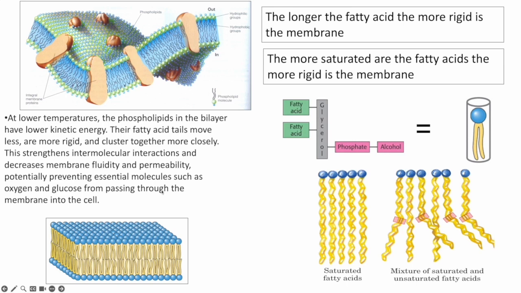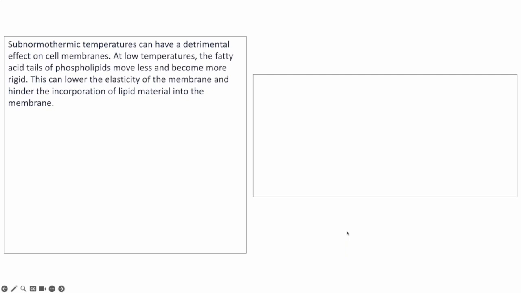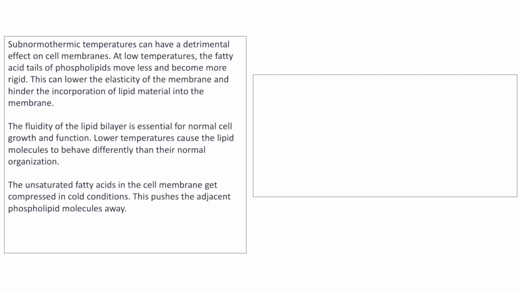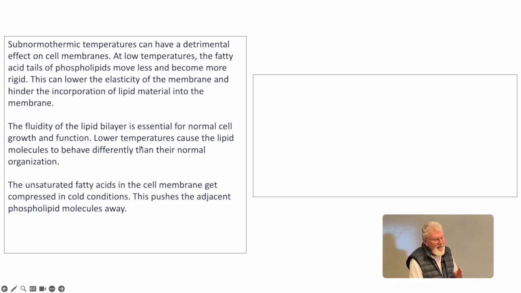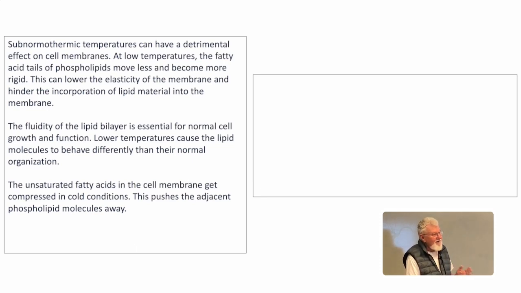And as they become stiffer, they don't function in terms of heat and mass transfer as they would in their normal state. And again, of course, this is saturation and unsaturation, which I will not go into the details of, but the key element is that the fluidity of the lipid bilayer is essential for normal cell growth, and lower temperatures cause the lipid molecules to behave differently than their normal structure.